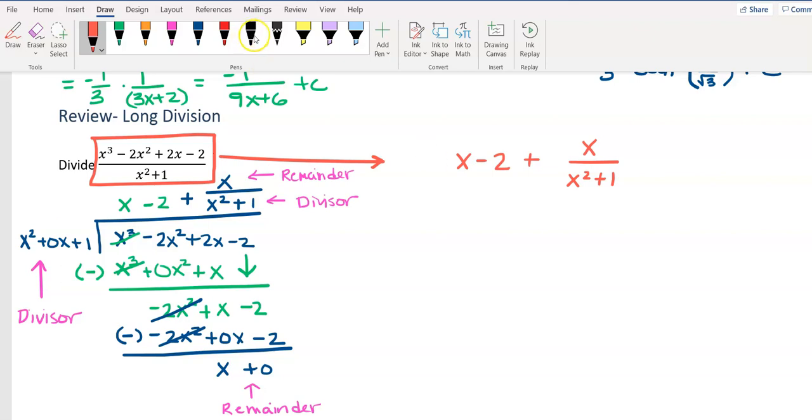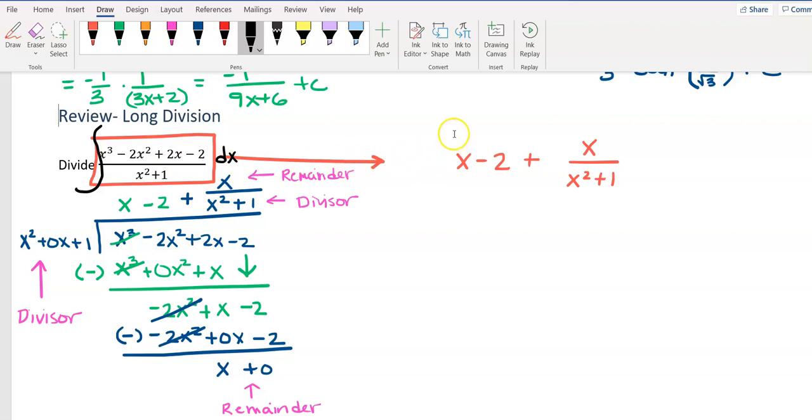So my question for us now is, what if I had originally asked us to take the integral of this rational function here? We wouldn't have been able to do it when it was in this form, pre-simplification, because it's just too complicated.